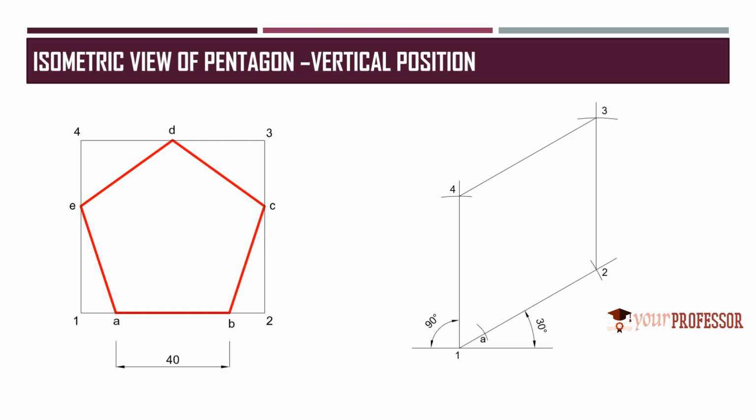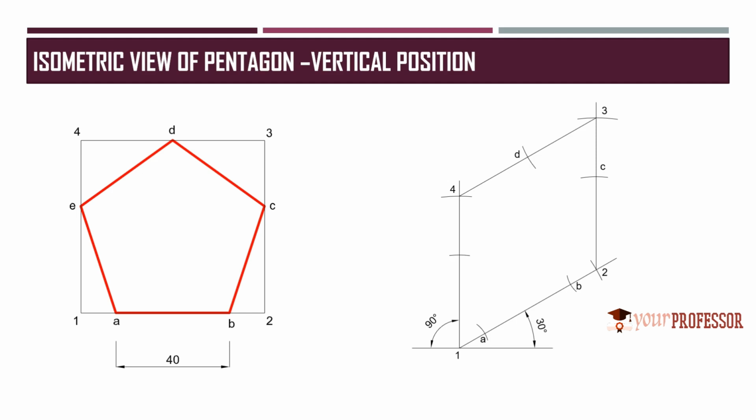So that will be point A. Similarly, consider the distance between 2 and B and 2 as center, drop an arc, that will be point B. Similarly, consider the distance between 2 and C, drop an arc by considering 2 as center, that will be point C. Similarly, 3 as center, drop the arc by considering the distance 3D, that will be point D. Similarly, 1 as center, drop an arc onto the 1, 4 line, that will be point E.